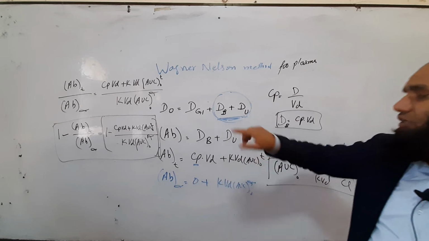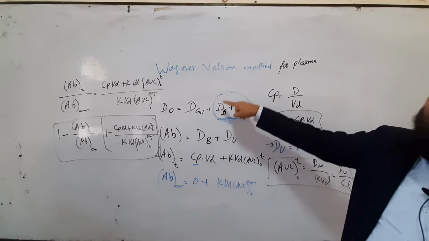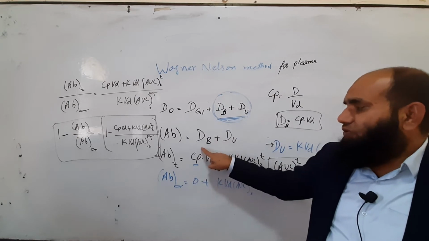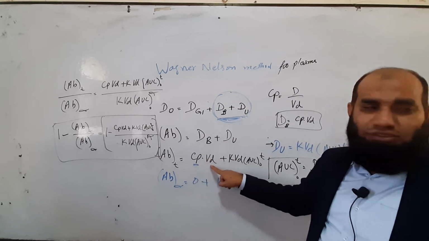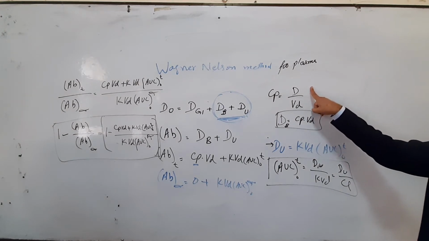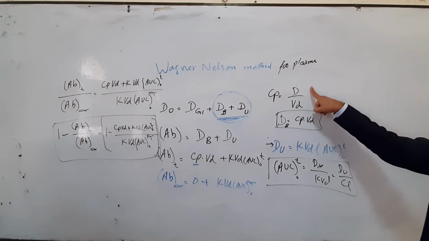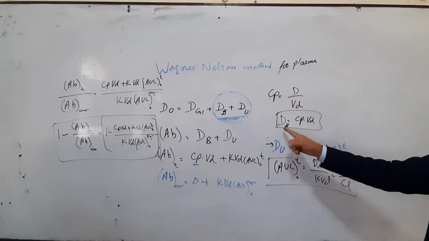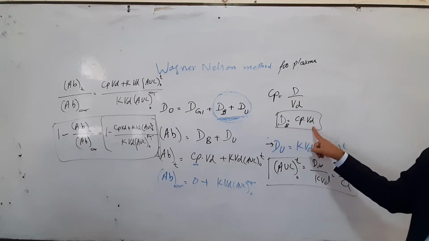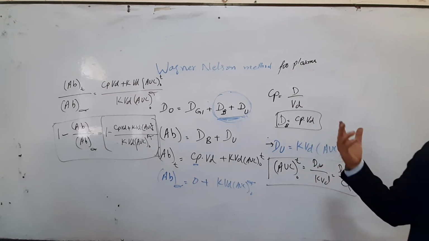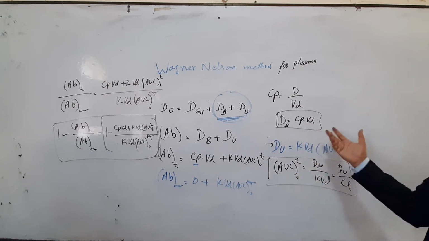To solve this, we will assume that this is AB, the drug absorbed. When we write the value of drug present in the blood, which is CP VD, we take it from the very simple basic equation X naught equals CP into VD, and in the same way DB is equal to CP into VD. We can use the same symbols: X naught, D naught, V, all these.